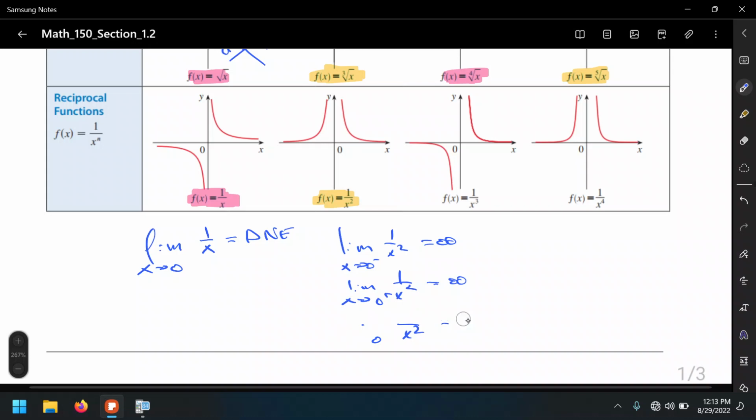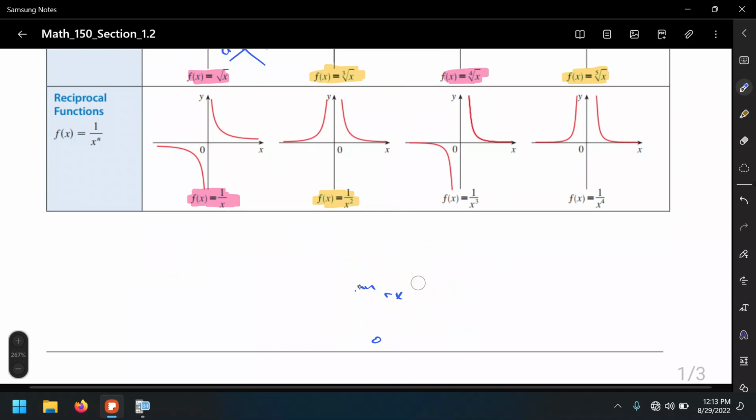And of course, it's important to understand the shifting. That's what we're going to do next time. For example, f of x equals 1 over (x plus 3) quantity squared. This plus 3 means that we need to shift the graph 3 units in which direction, left or right?